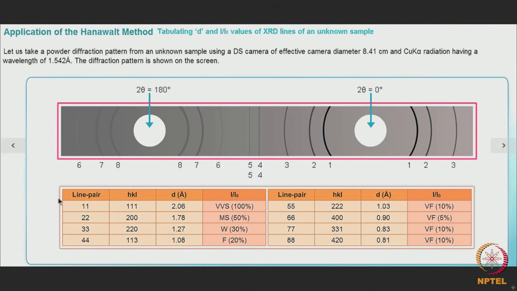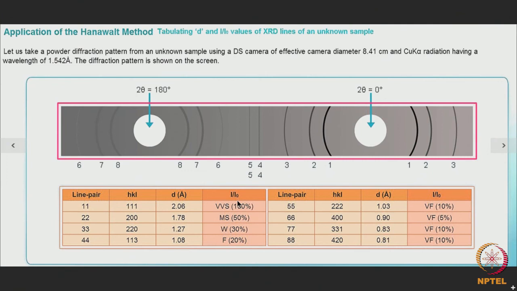The diffraction pattern is shown on the screen, and from each and every line pair we could find out their HKL values in the usual manner and their D's together with the relative intensities.